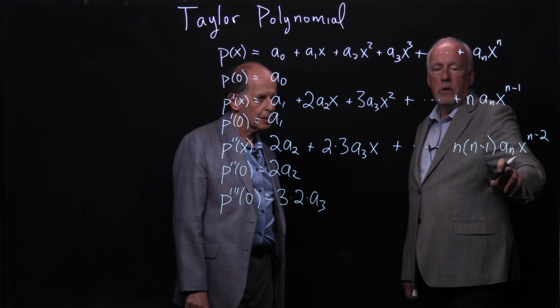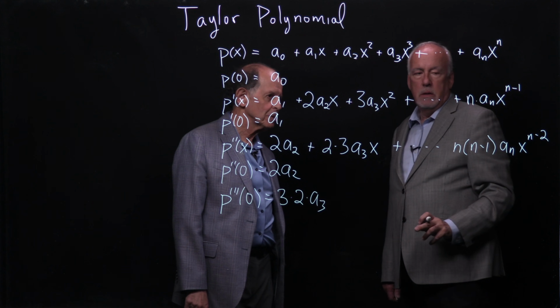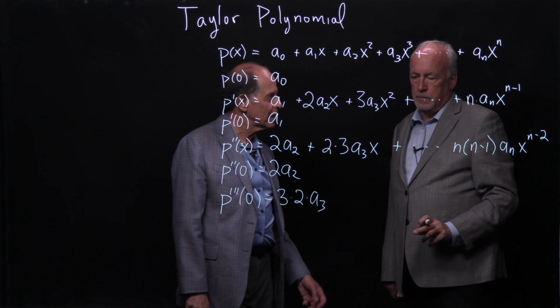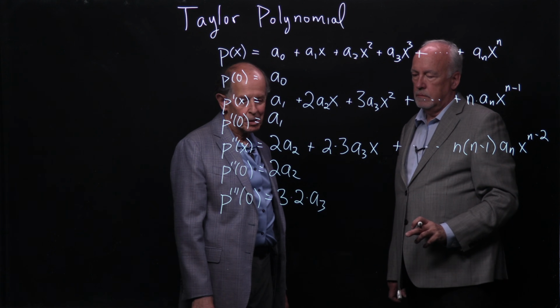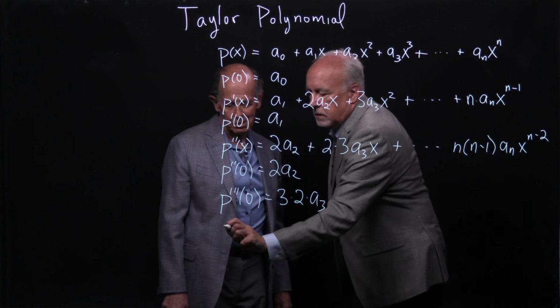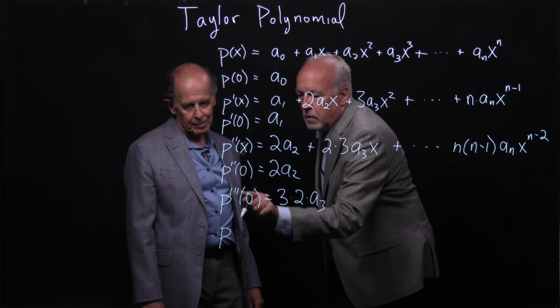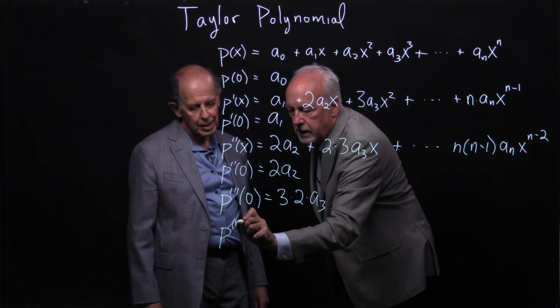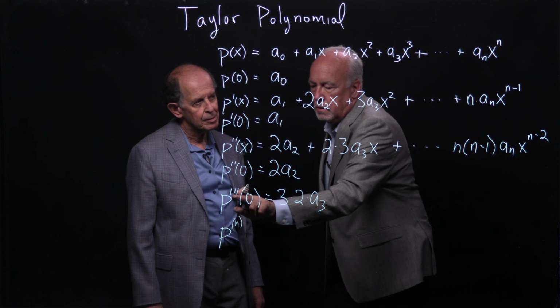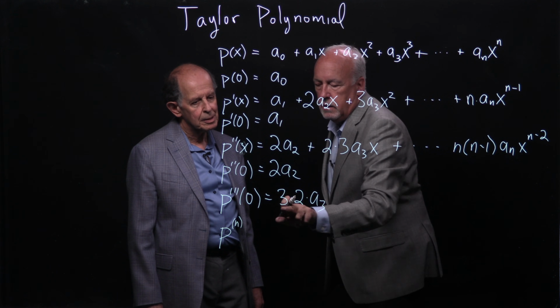What happens if we go all the way to the n? You'll eventually get to 1. So you'll get n times n minus 1 times n minus 2, and I think we call that n factorial. So here we had a 3, here we had a 2, and here you have an n. So this is the nth derivative. Is it going to be n or n? Well, 3.